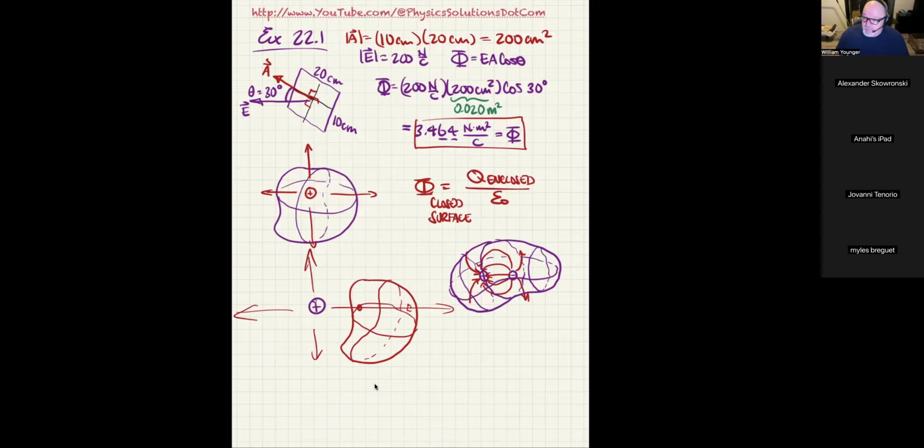And that's exactly what happens again. The flux is equal to the total charge enclosed. In this case, I had a charge of plus Q plus a charge of negative Q. If you add those two together, you get zero. So this would have zero flux.